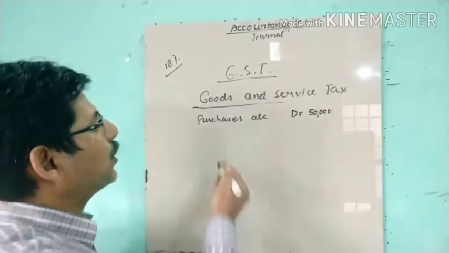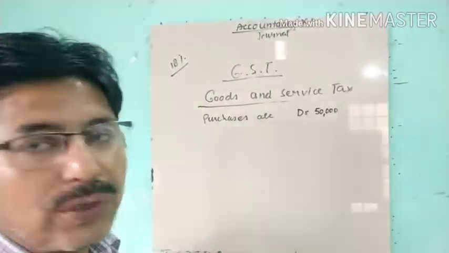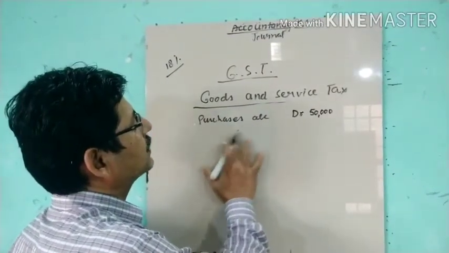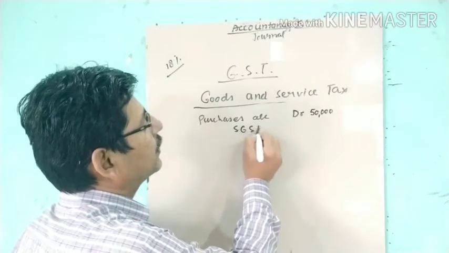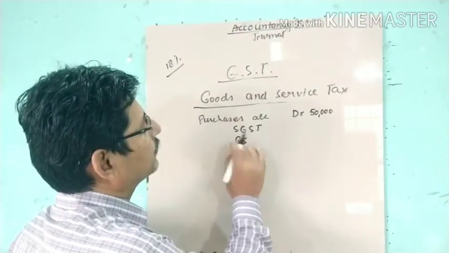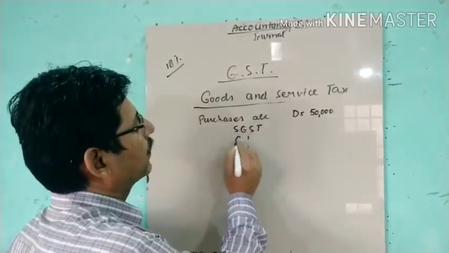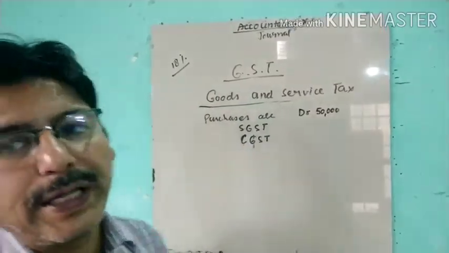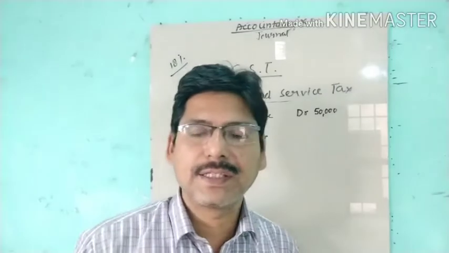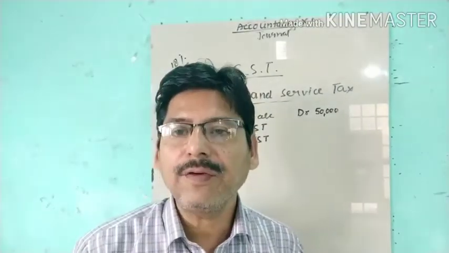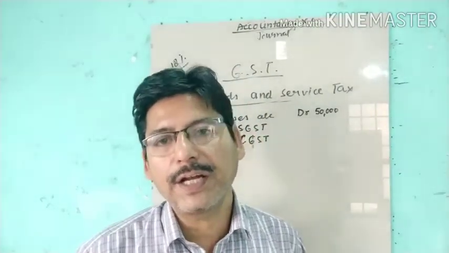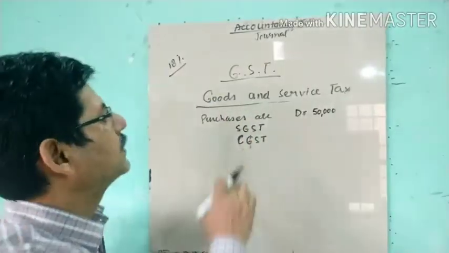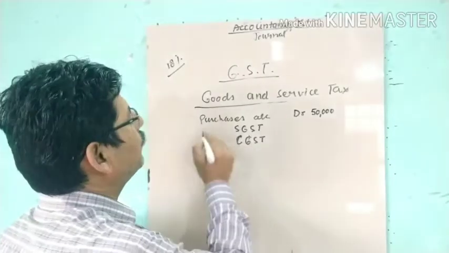Two taxes are levied, as I told you earlier: CGST and SGST. The tax that we pay when buying goods, we write in the category of input, input SGST and input CGST.